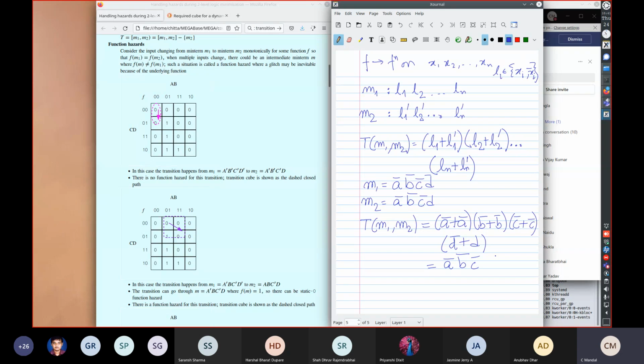All right, so that is how you get the transition cube.